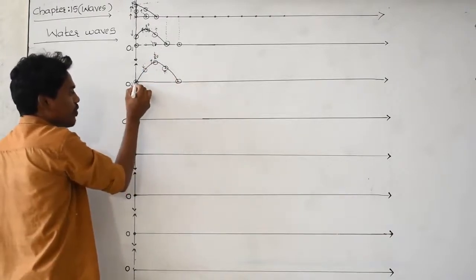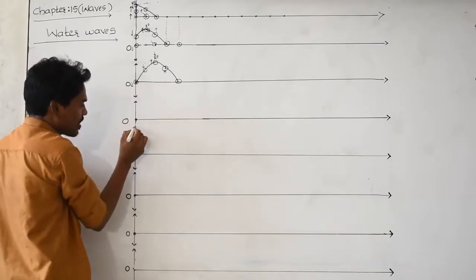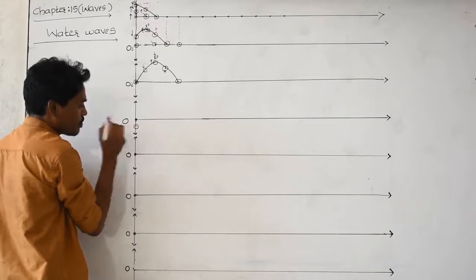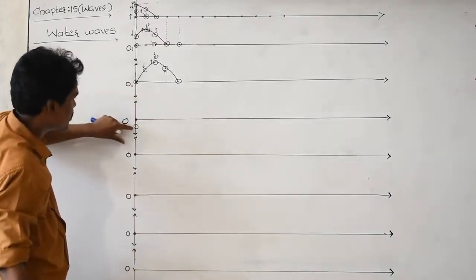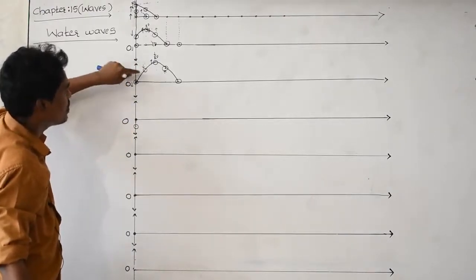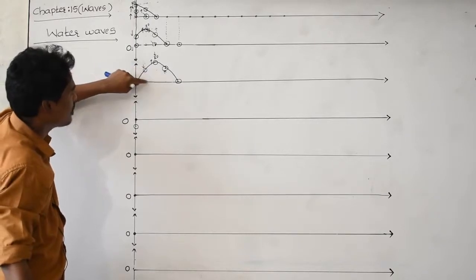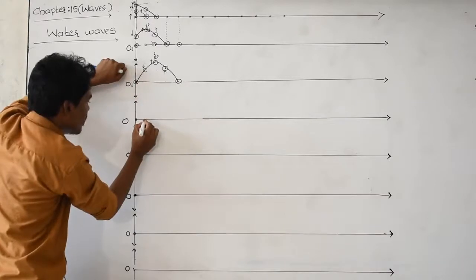This particle moving downward means it is reaching this point. I am showing here the first particle reaching this point. What is the direction of the second particle? It is moving downward, reaching from here to here. I am showing from this point to this point.